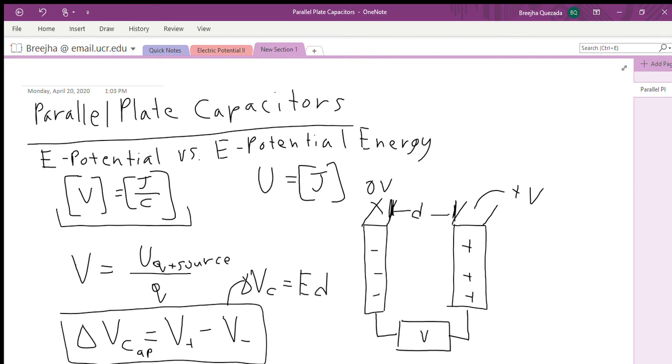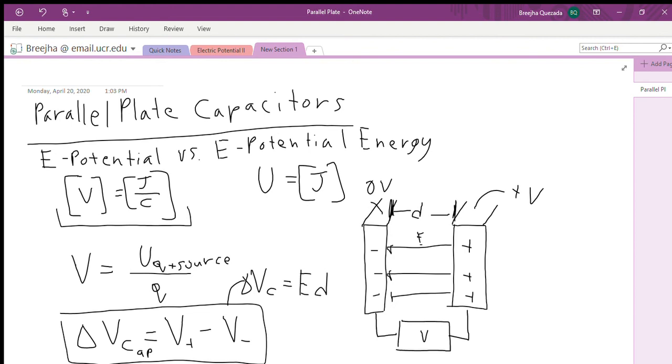If the capacitor plates are really close together, which they often are, the voltage difference can be very, very high. These are the E field lines going this direction and the distance between them.